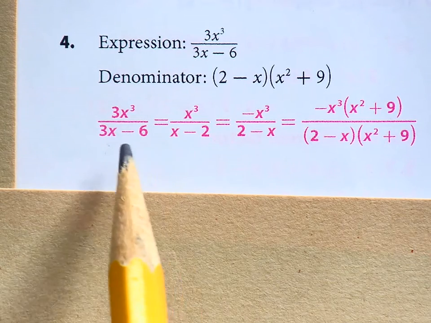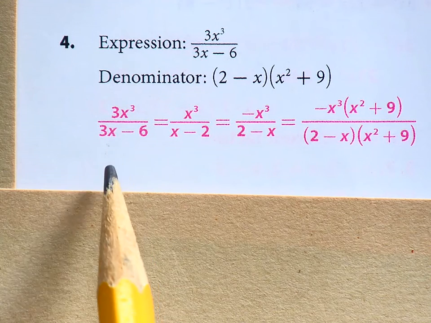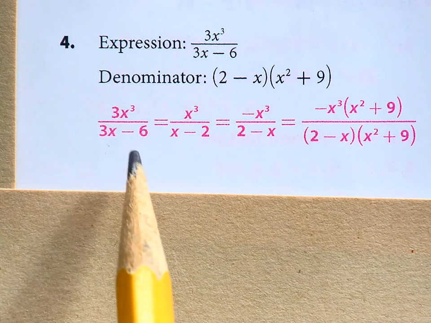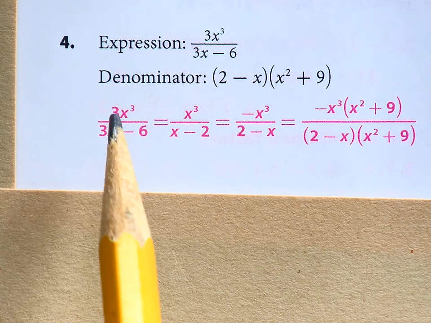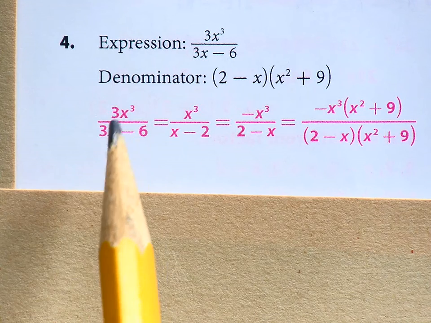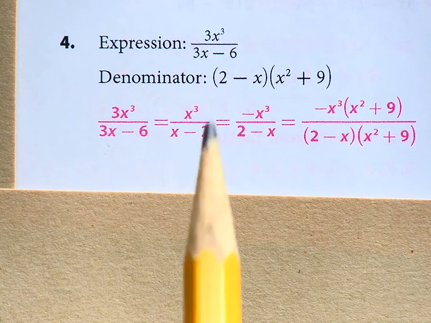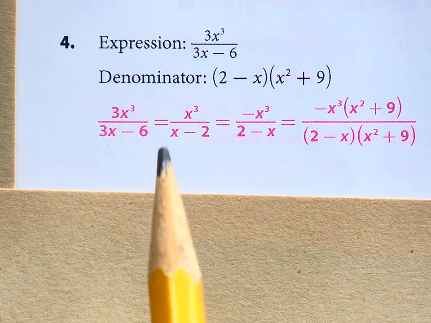And so that becomes 3 parentheses x minus 2 parentheses. And then you can divide 3 divided by 3 and simplify those out. So you're left with only this quantity here.